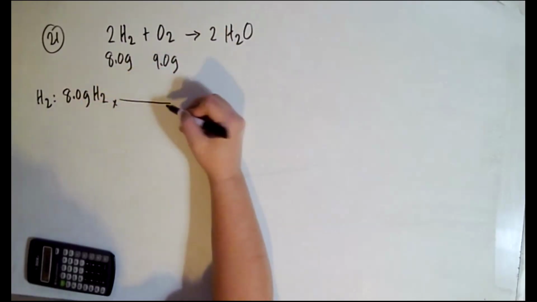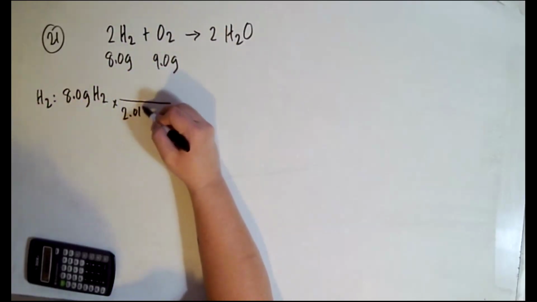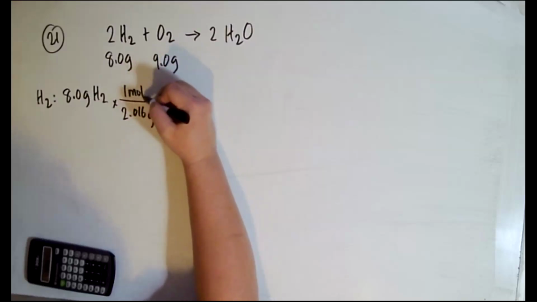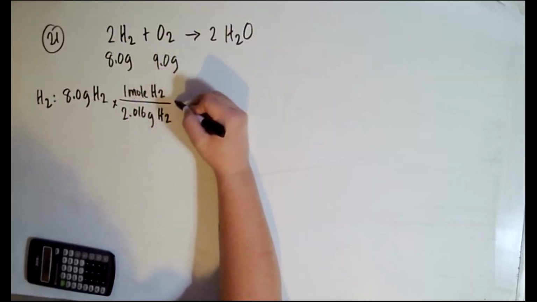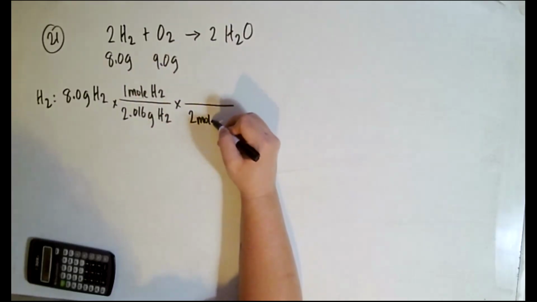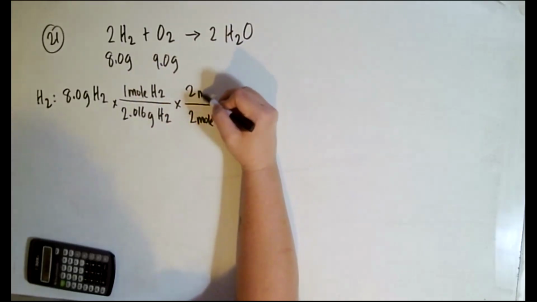Our first step is going to be to convert our grams of H2 into moles of H2 using our molar mass value for H2. And then we're going to use our balanced equation to relate our moles of H2 to our moles of H2O.